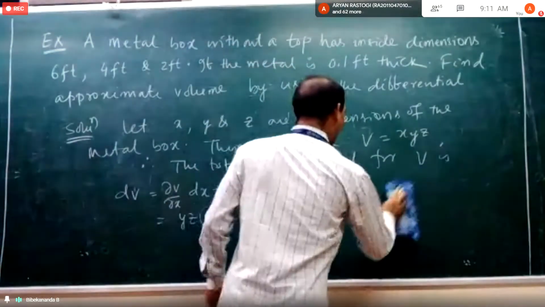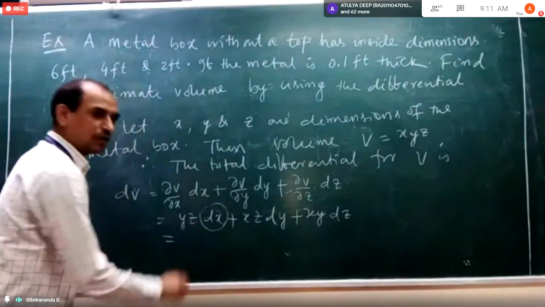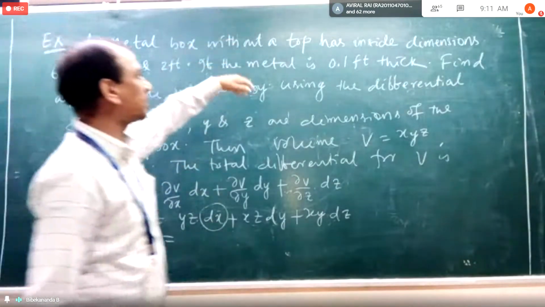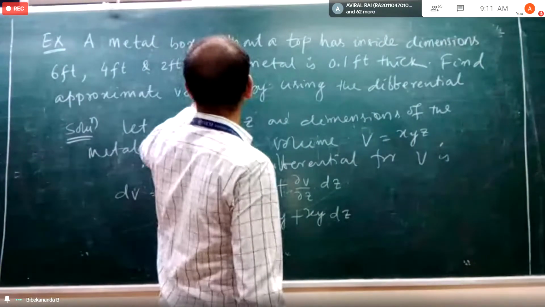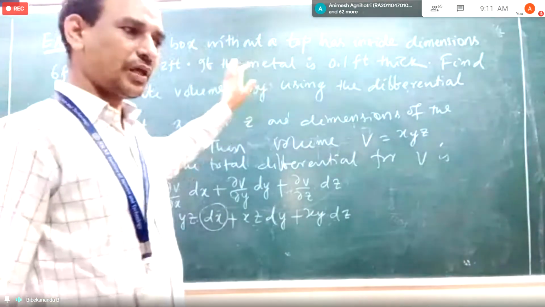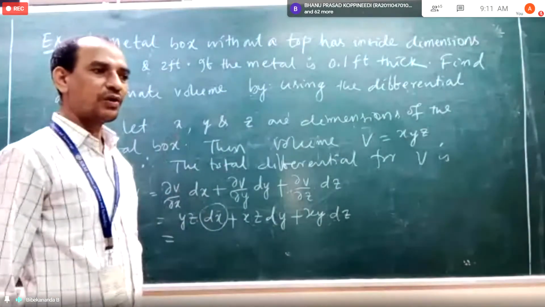Okay, and we have to put the values here. Now tell me what is the value of y and what is the value of z here. Suppose z is the smaller side, 2 feet. You can take any of them, no problem. But suppose I will take z is the small side.